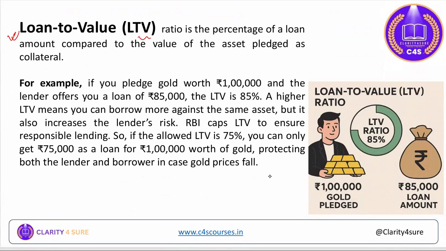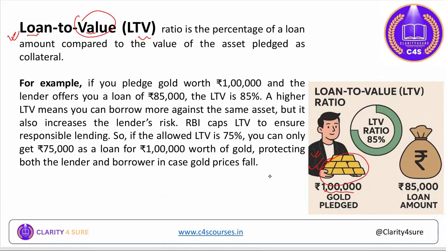As the name suggests, loan to value. Value of what? Value of gold. And who is giving the loan? The lender is giving the loan, right? So it's a ratio of the loan that this person is getting against the value of the gold he is holding.